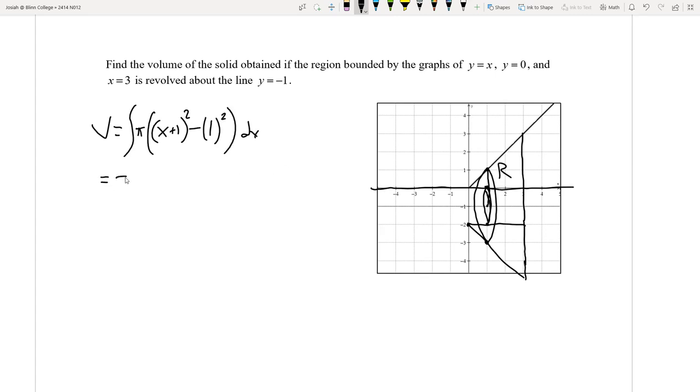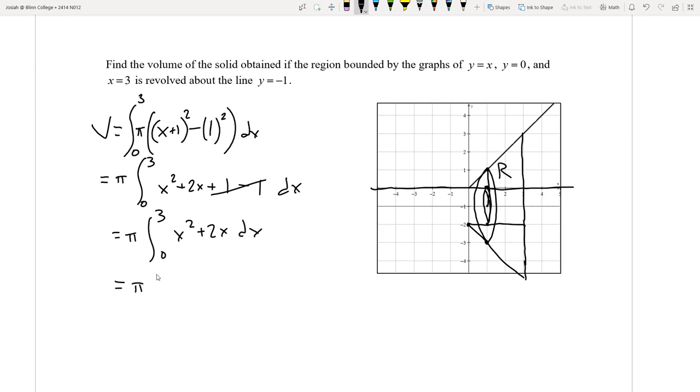So again, we'll bring the pi out, and that's really all there was to this. Oh, I guess we have to figure out our x's, right? 0 to 3. x squared plus 2x plus 1 squared minus 1 squared. So we've got pi times the integral from 0 to 3 of x squared plus 2x dx.